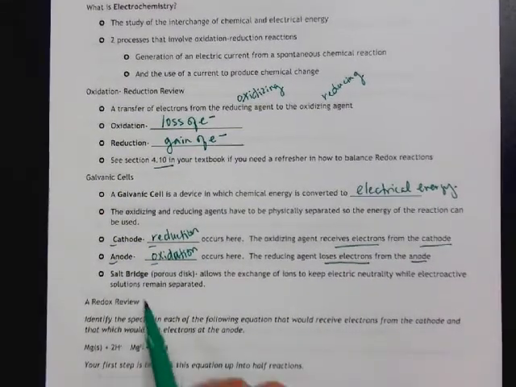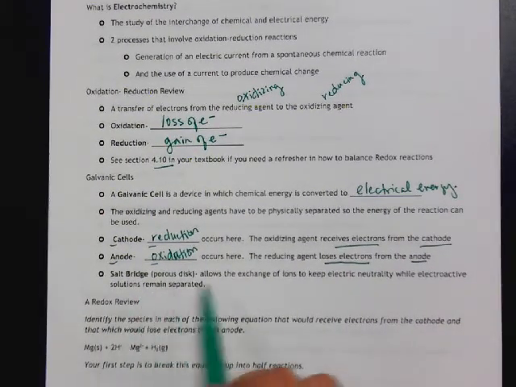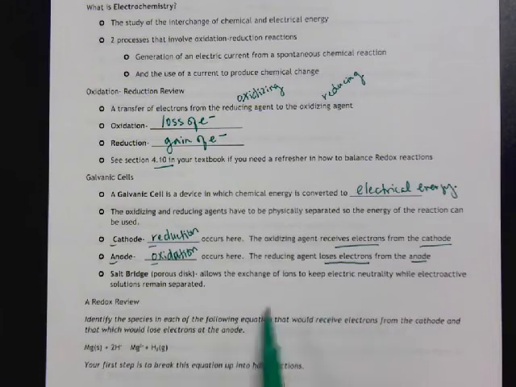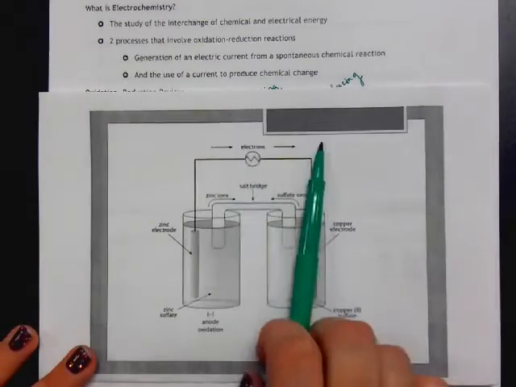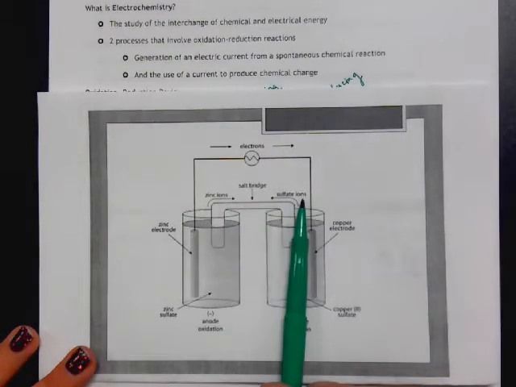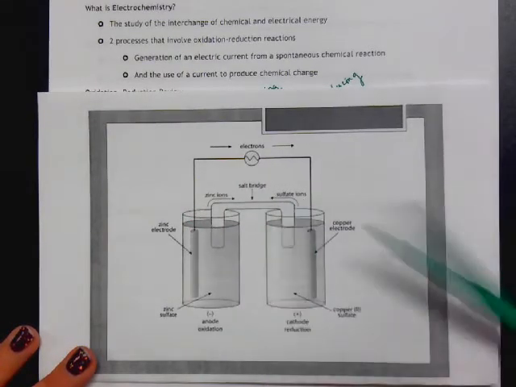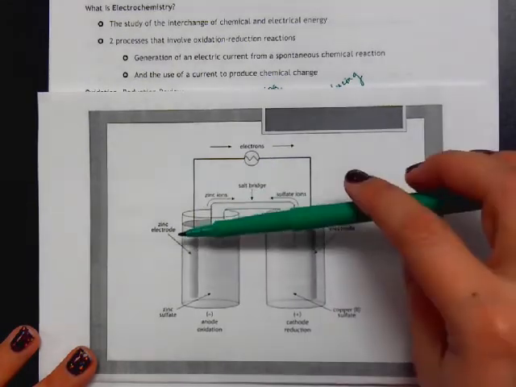Again, that salt bridge that we talked about is just a porous disc that allows the exchange of the ions to keep things electrically neutral. Because electrons are flowing to one side, you have to have some positive ions that flow that way as well. So our electrons are flowing this way, which is why our zinc ions have to flow in that same direction, and then the sulfate ions will flow in the opposite direction.